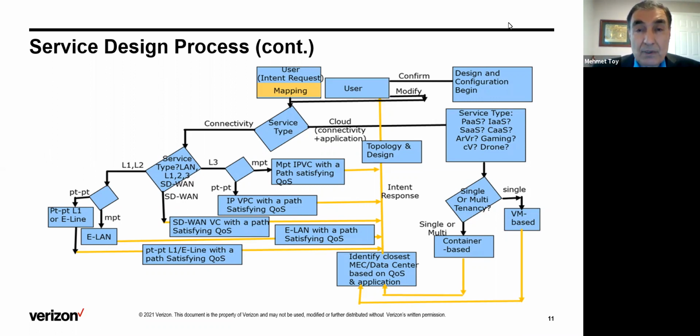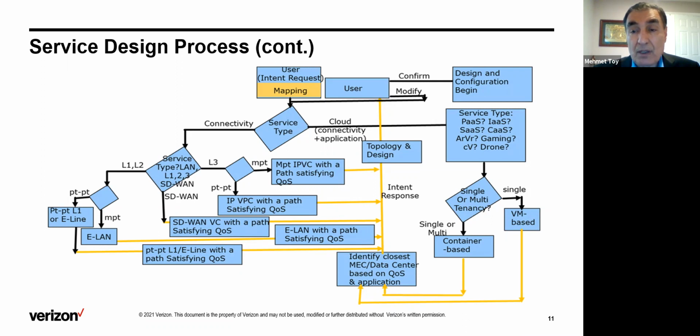Now, if it is a cloud service, in addition to what I have done on the connectivity side, I come to the cloud service side, where I look at whether this is platform as a service, infrastructure as a service, AR/VR, or something else. From there, I determine whether the request is single tenancy or multi-tenancy. If it is single tenancy, maybe I use just a virtual machine-based solution. If it is multi-tenancy, I may use a container type of solution.